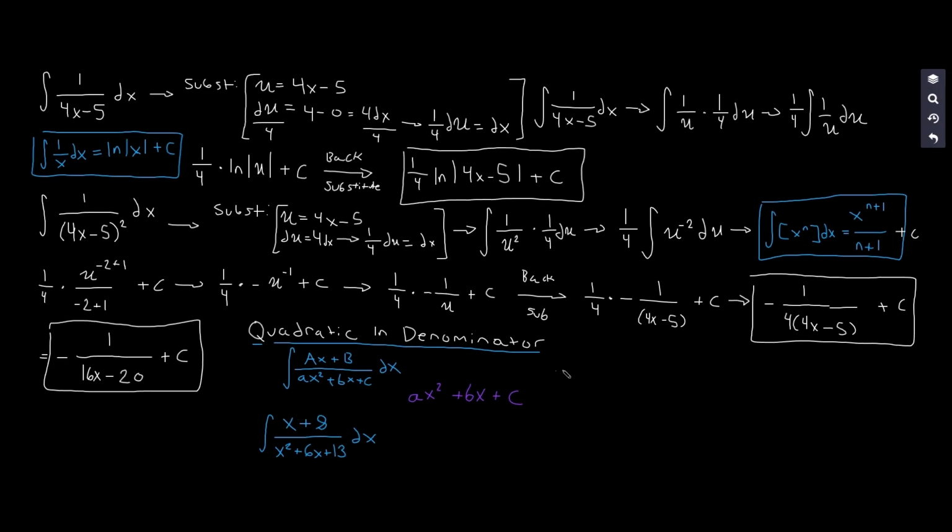Okay, and then the discriminant is b squared minus 4ac.